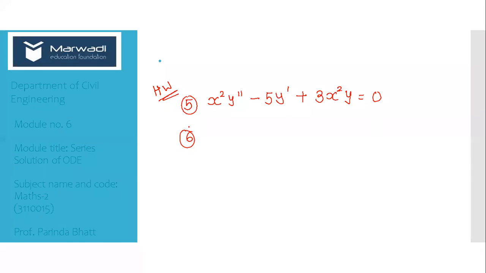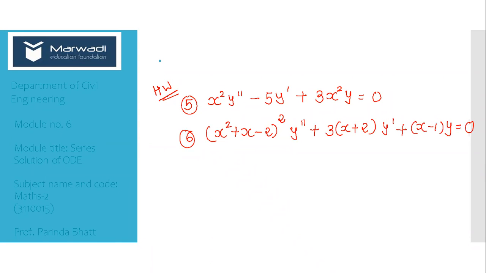We will discuss the answer of this question in our next lecture. The second: (x square plus x minus 2) whole square y double dash plus (3x plus 2) y dash plus (x minus 1) y equal to 0.